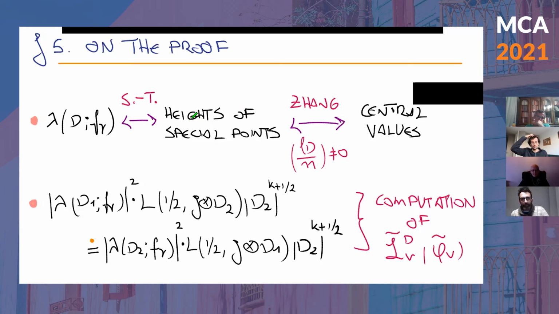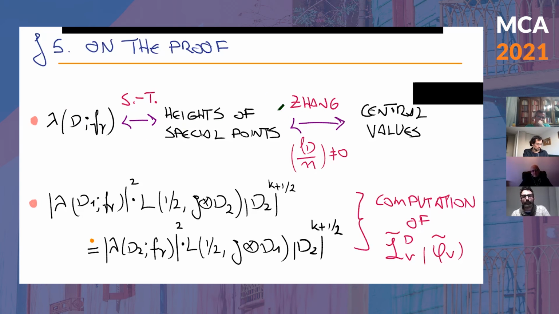Our results are based on the formula by Shan, which relates these twisted central values to the heights of special points. And what we do is we relate these heights to Fourier coefficients. That's hard work, and I'm summarizing this a lot here, so I'm not saying much actually.